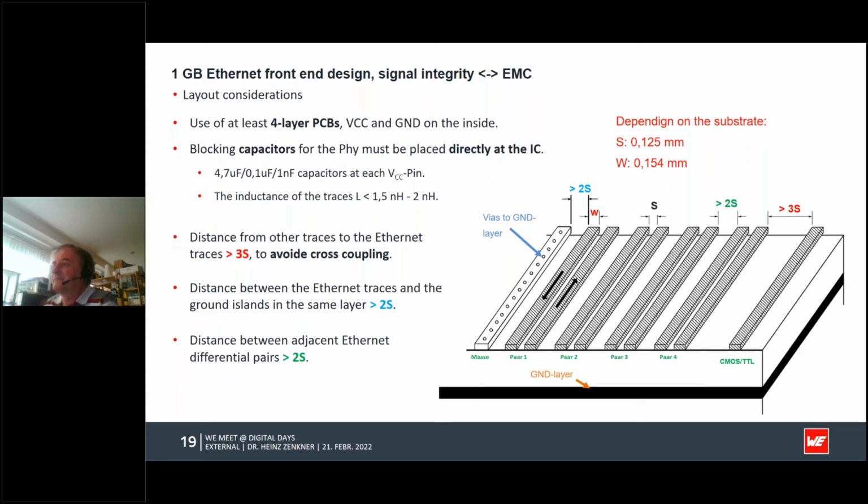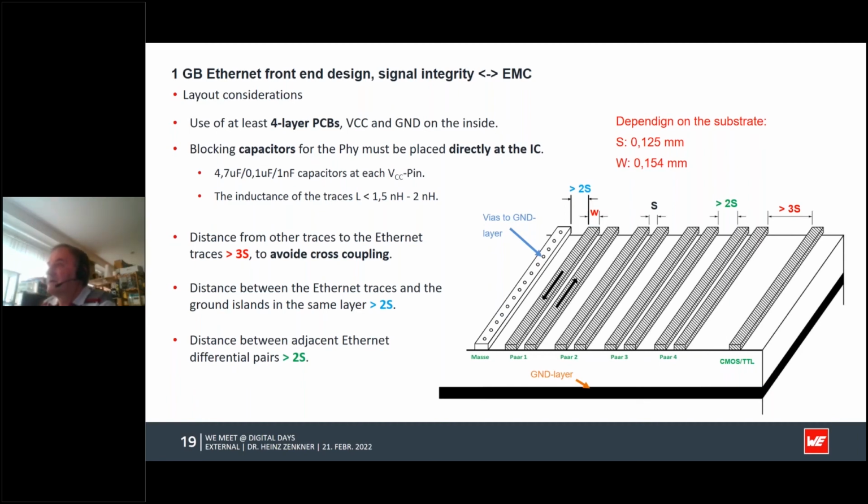Between ground and the pairs should be more than 2S, and the distance between the pairs themselves should be 2S. Within the pair, between one and the other signal of the symmetric pair, should be 1S.